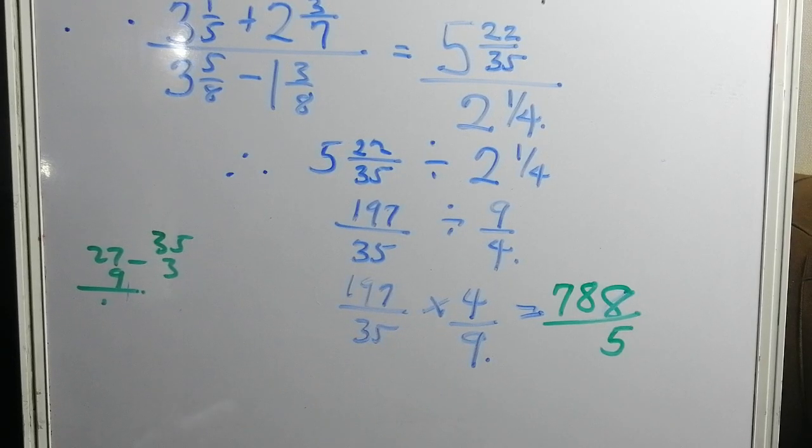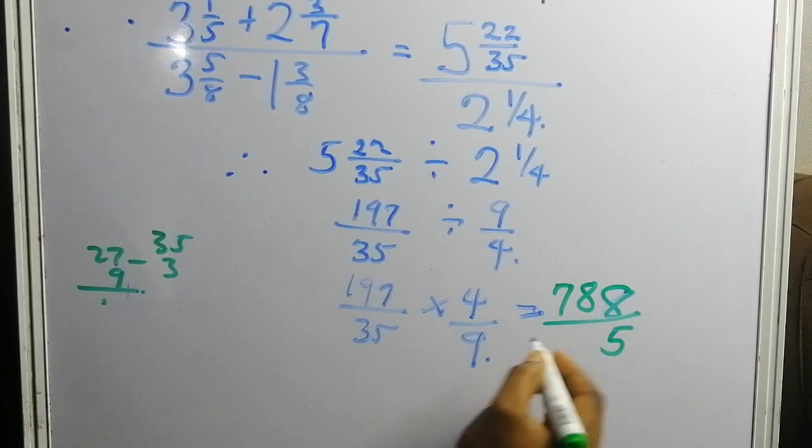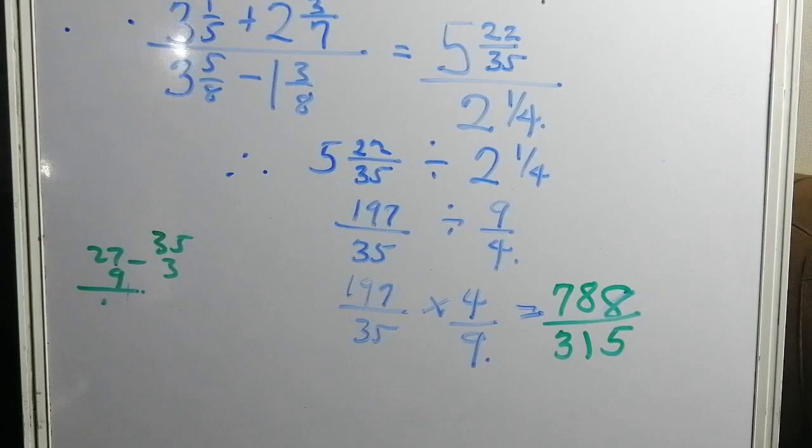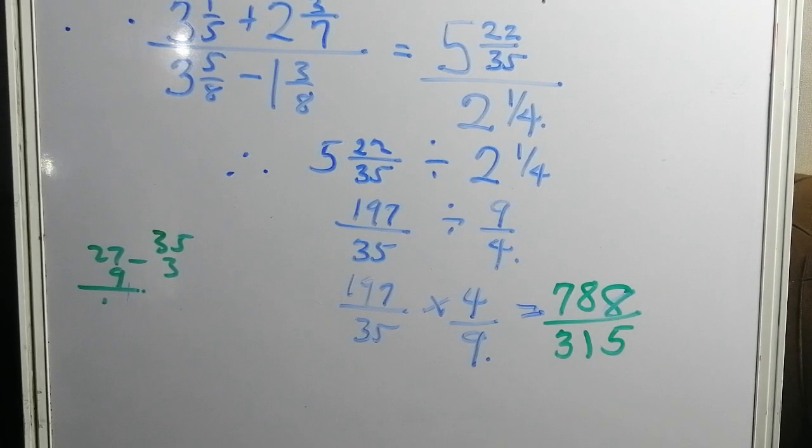So 9 times 5 is 45. Carry 4. 9 times 3 is 27, plus 4 is 31. So the answer is finally 788 over 315.